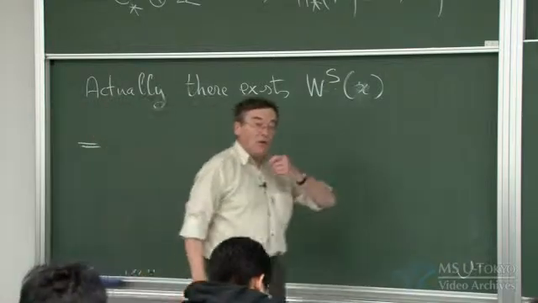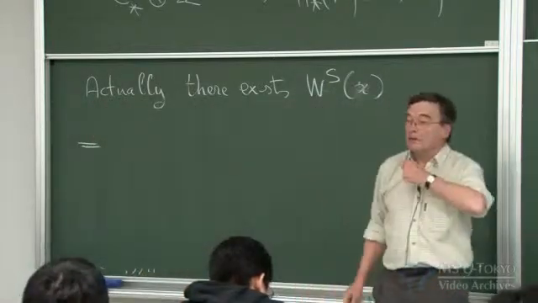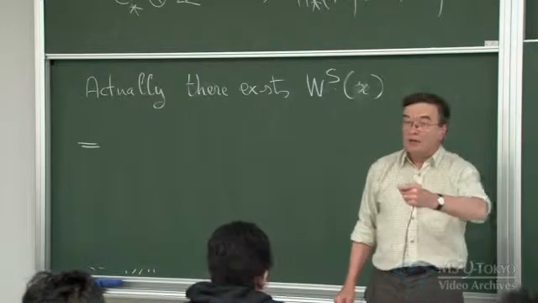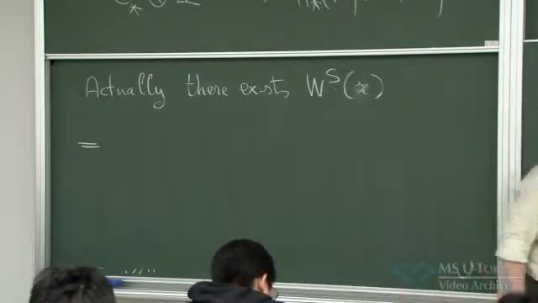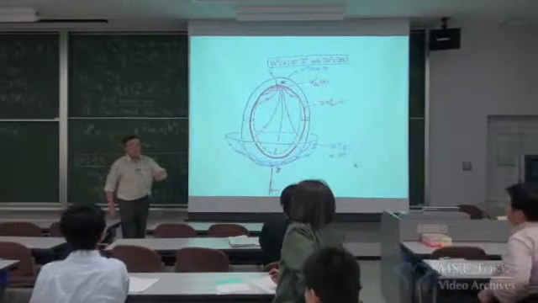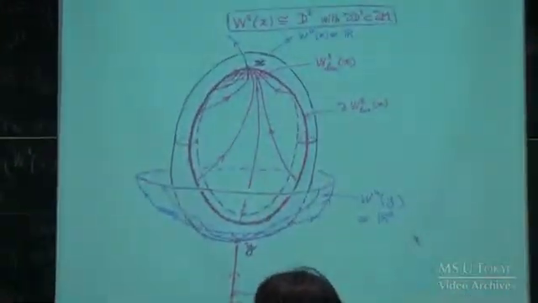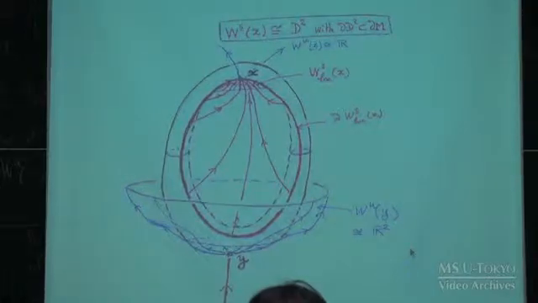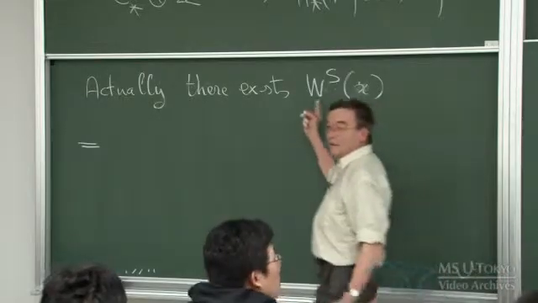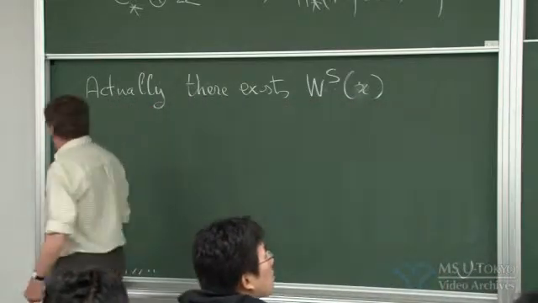you have a semi-flow defined in the future. And you look at all the points whose positive orbit enters the local stable manifold.